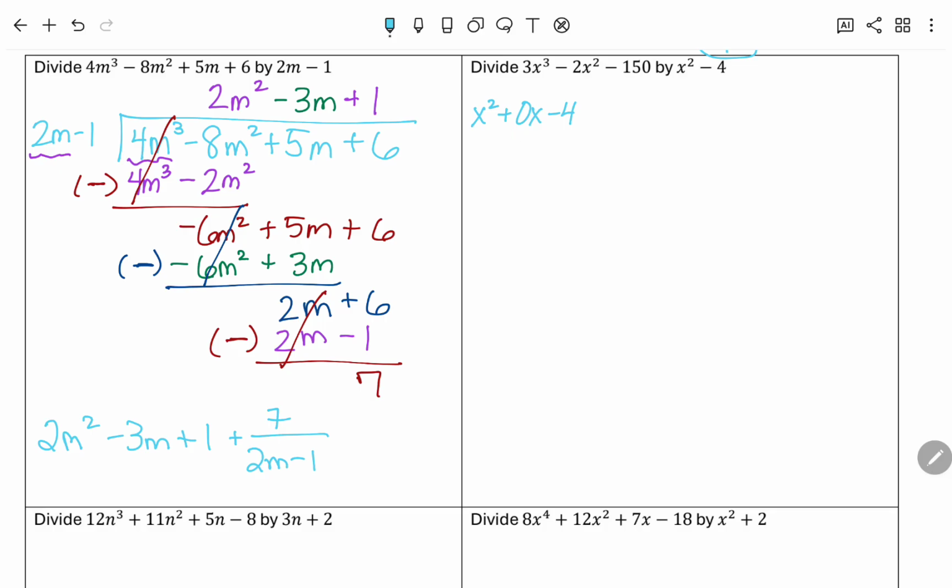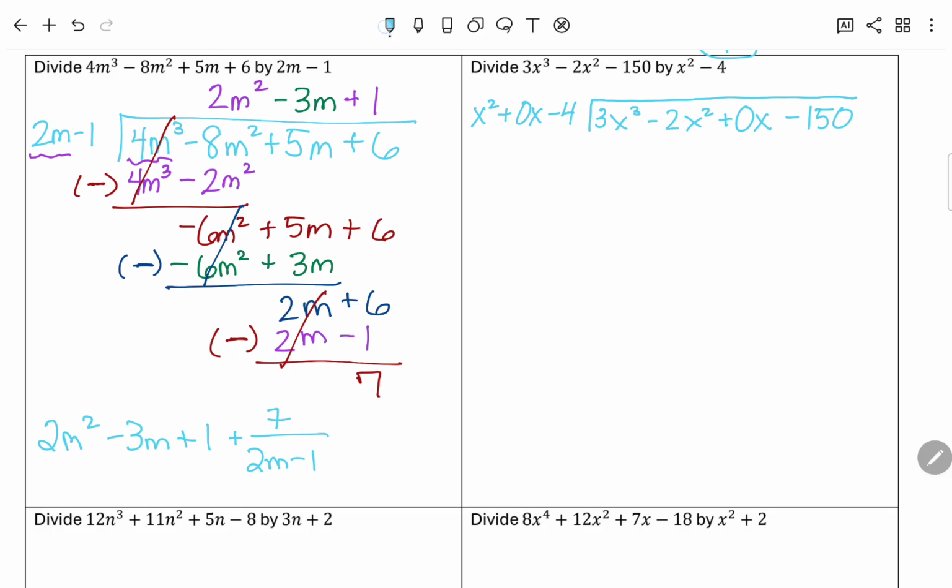So I'm not changing the problem because it has a value of 0. I'm just going to put that there to help things be organized. 3x cubed minus 2x squared. Then look, I'm going from a degree 3 to a degree 2. Now I'm missing a degree of 1. So I'm going to put 0x, then my minus 50, which is of degree 0.